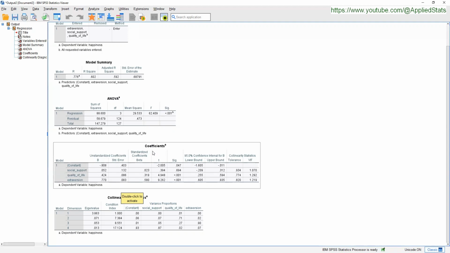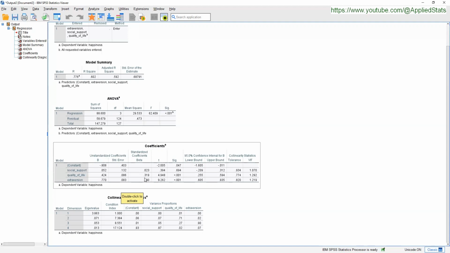You look at standardized regression coefficients or beta weights or beta coefficients, and here you can actually compare the importance of your predictors. Which one is more important? Which one is less important? Here you see that the highest coefficient is for extraversion. So extraversion is your best predictor.